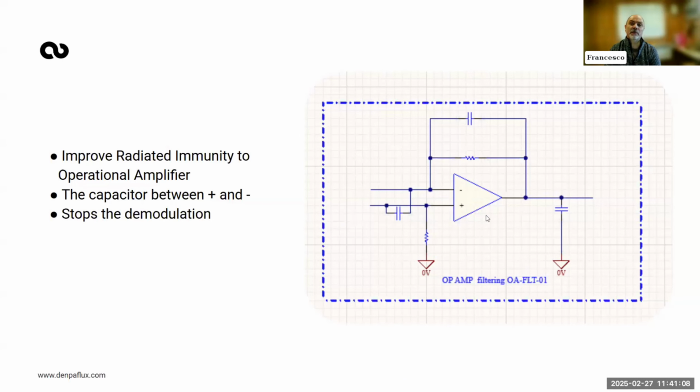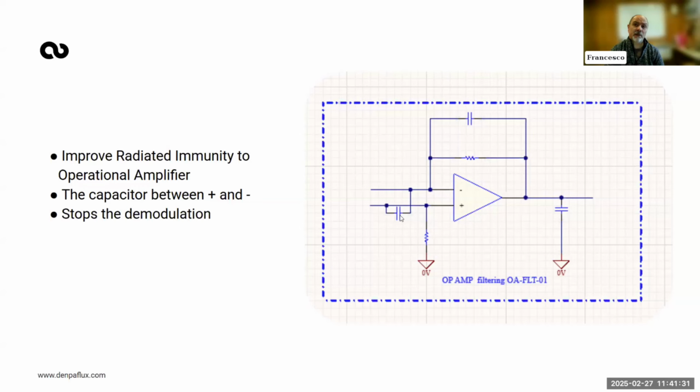So choose an operational amplifier with a very small bandwidth, plus put space between the negative input and the positive input for a capacitance. And if during the test you have a sine wave here or you are failing, fit this capacitance.